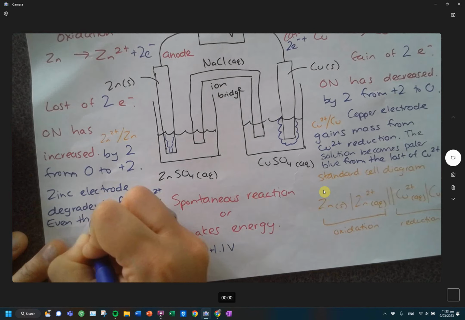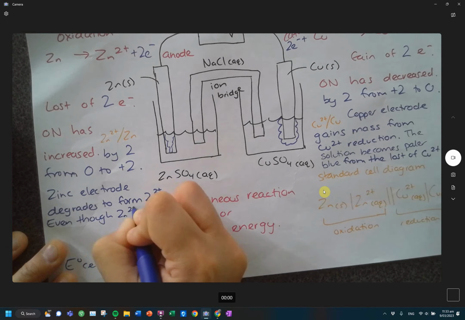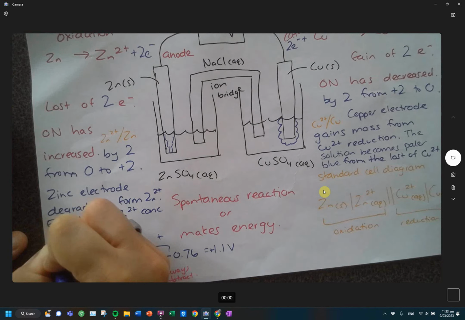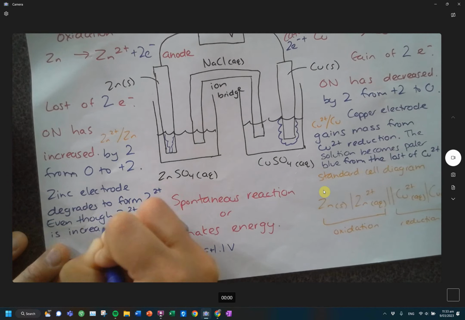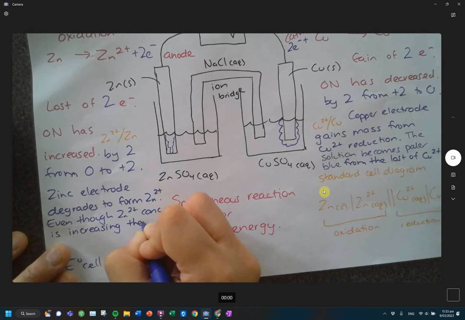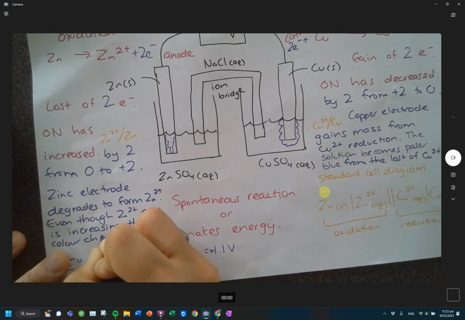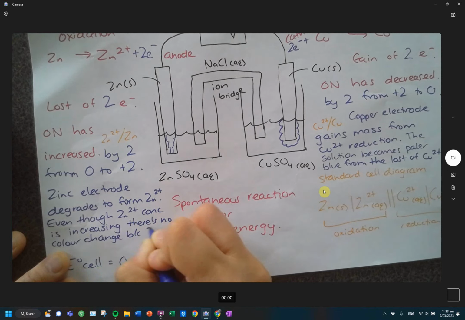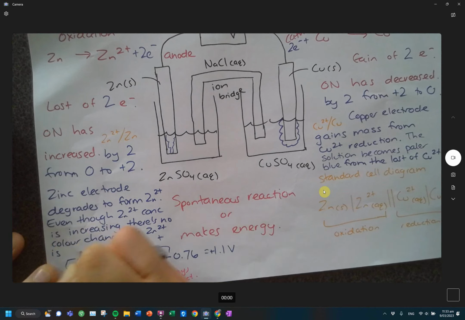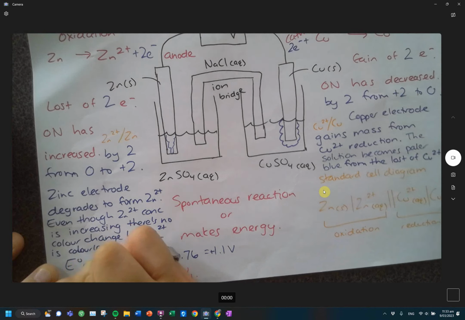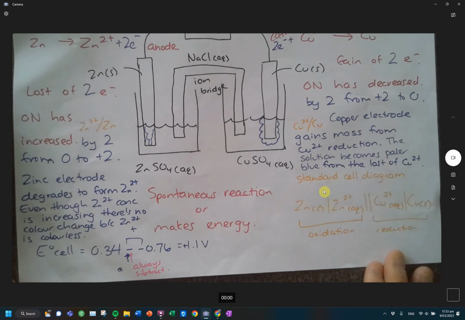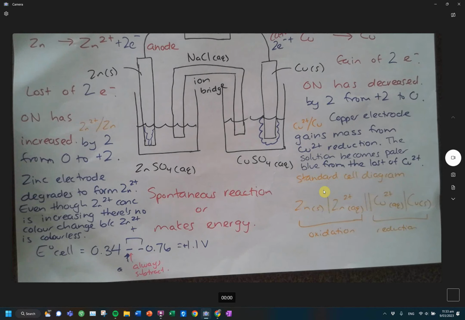Even though the Zn2+ conc is increasing, there's no color change because Zn2+ is colorless.